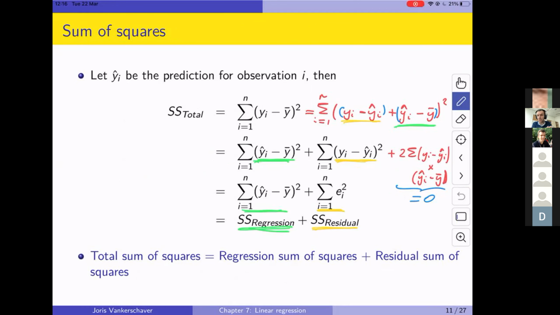And what does the residual sum of squares tell you? Well, you know this from before. That gives you something about how far away the predictions are from the regression line. How well does the regression line capture my model? If the sum of squares of residuals is high, then my predictivity will be low. I will have a lot of variability in my predictions.